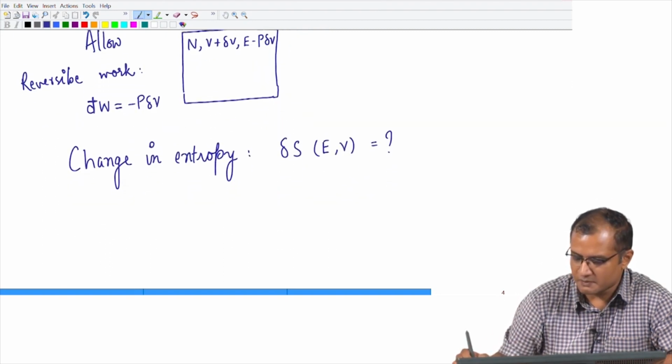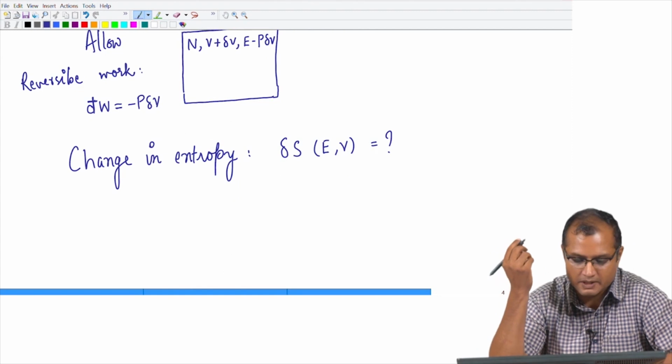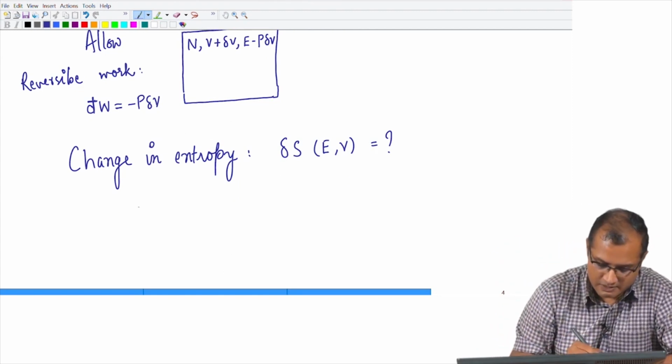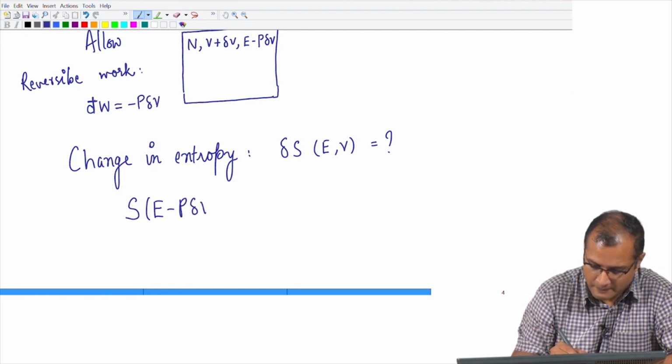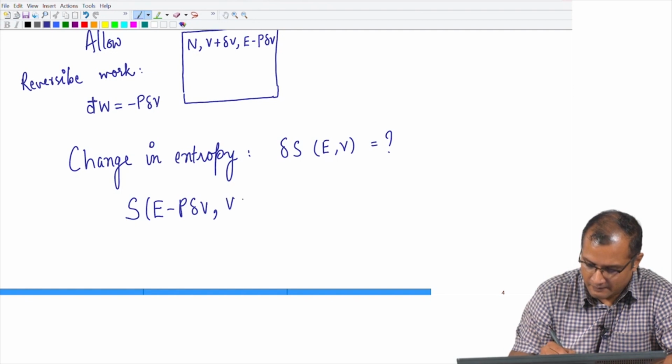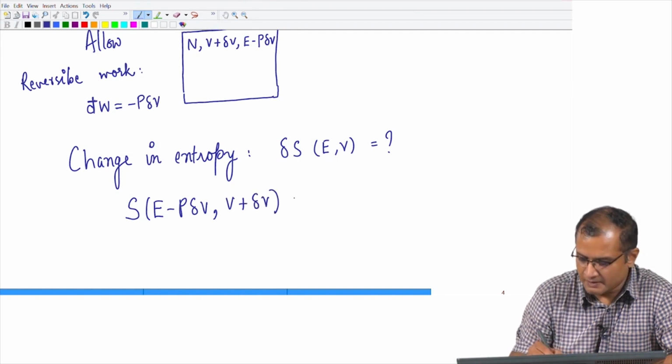We can compute this by a simple first order Taylor expansion. So, we can compute the final entropy by a simple Taylor expansion.